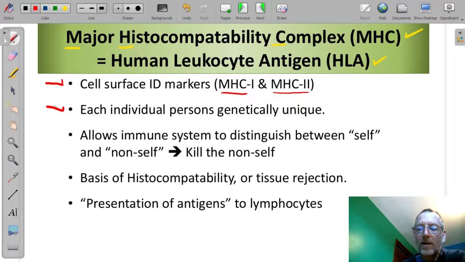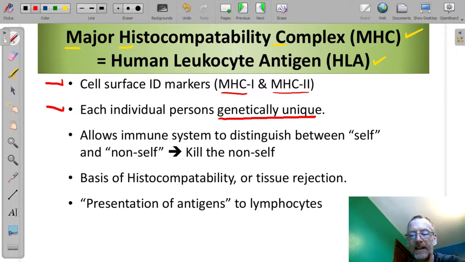So your MHC proteins identifying your cells as yourself are different from those on anybody else, unless you have an identical twin, in which case they would be the same. But again, these are proteins that allow your immune system to distinguish you versus somebody else.